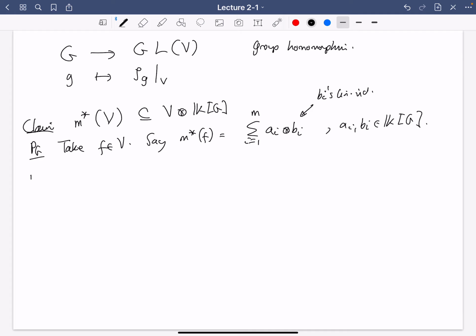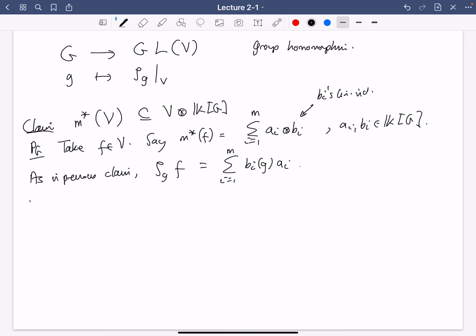Now, as in the previous claim, it's easy enough, you just repeat what we did earlier to see that this right translation of f by some element g of G is equal to the sum of the bi of g times ai. There's nothing different there.